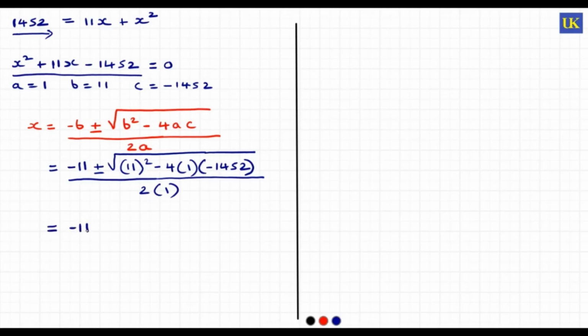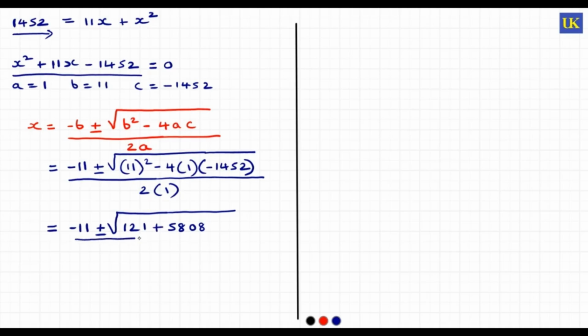So minus 11 plus or minus, 11 square is 121. Here 4 into 1 is 4. 4 into 1452 is 5808, and minus into minus is plus. So I will write here plus.